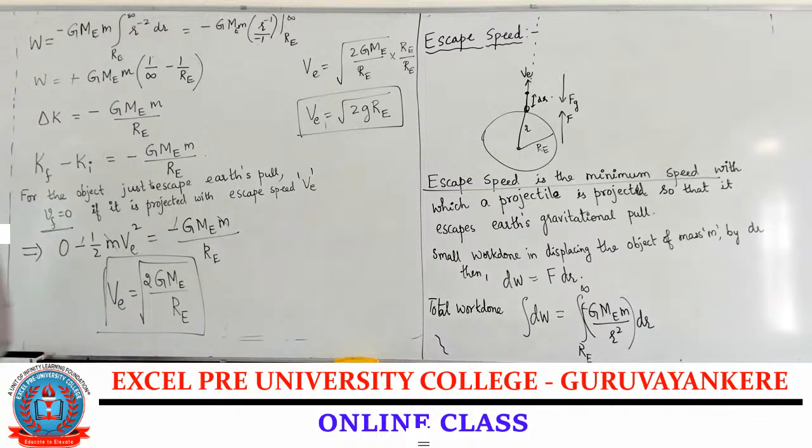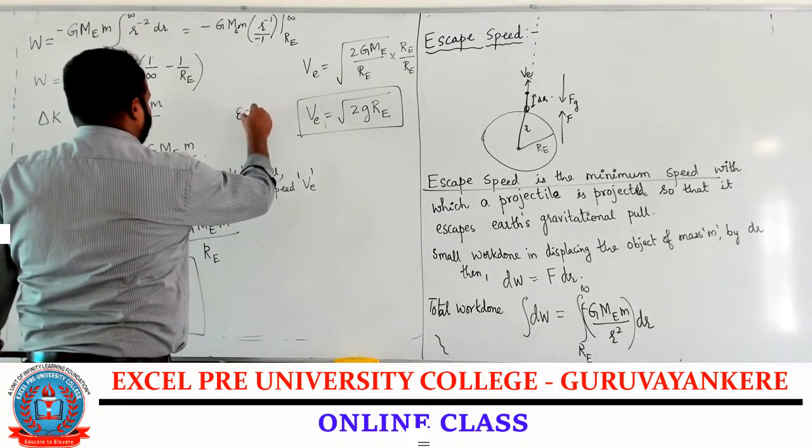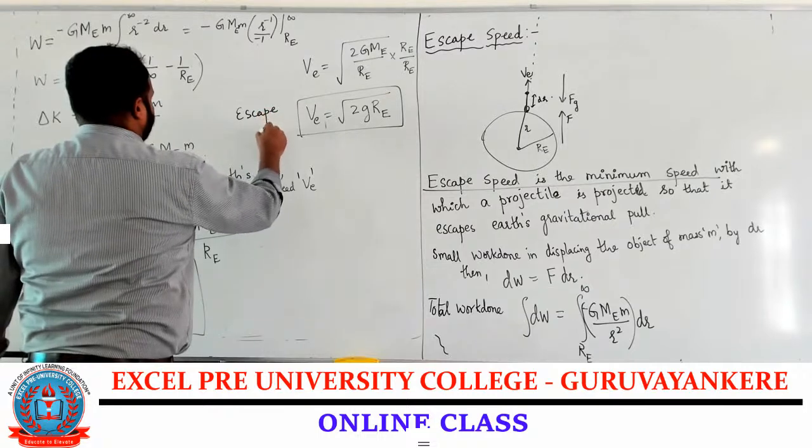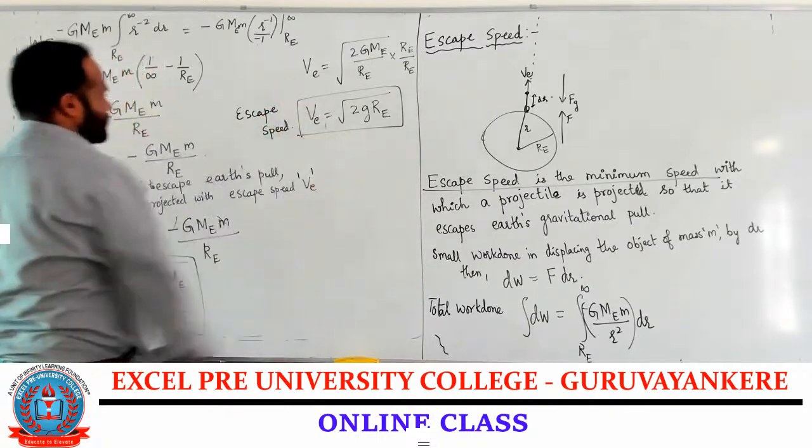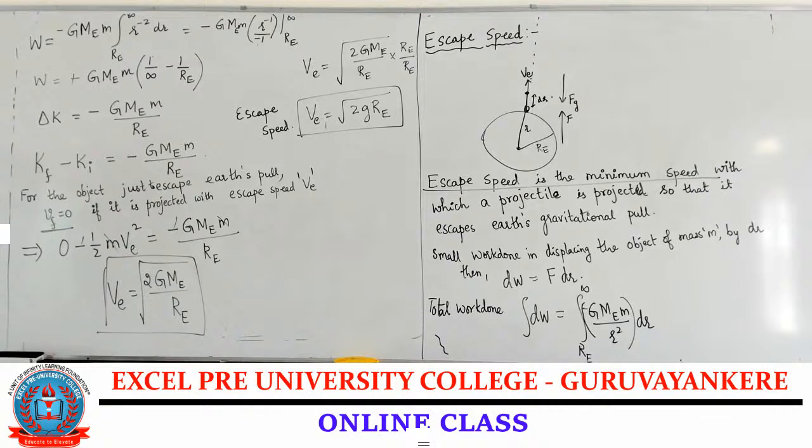So this is an expression for escape speed. In the NCERT book, this is the expression for escape speed. Okay. So this is how the derivation must be done.